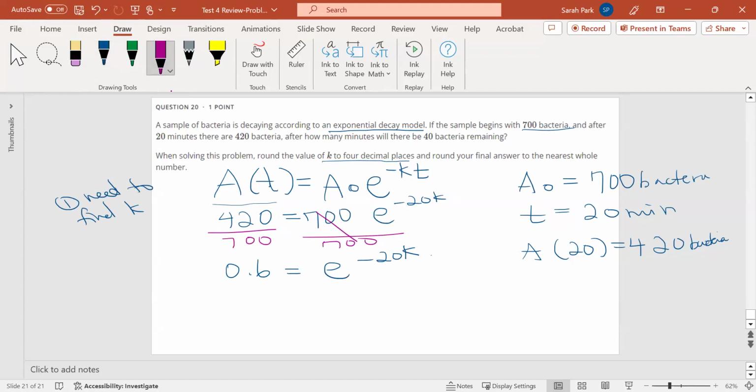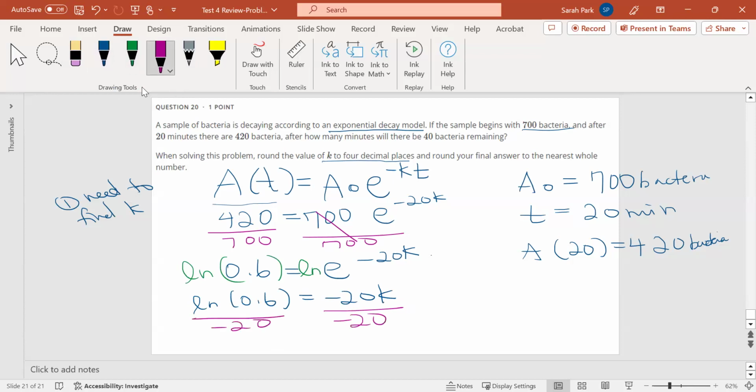And then we would take ln of both sides, and this would give us ln of 0.6 is negative 20k. Divide both sides by negative 20. And if you put that in the calculator, it would be, rounded to 4 places, 0.0255.